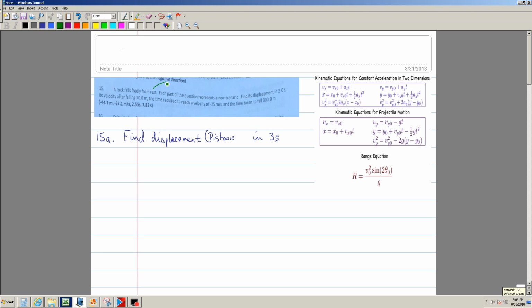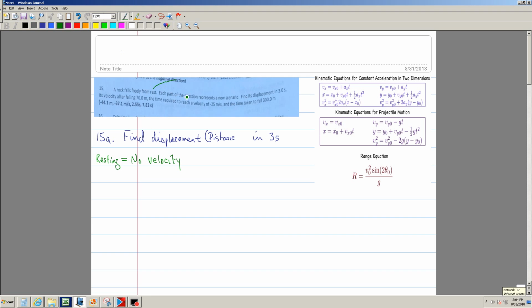If it's resting, it means no velocity. It's not moving. That's the first thing.